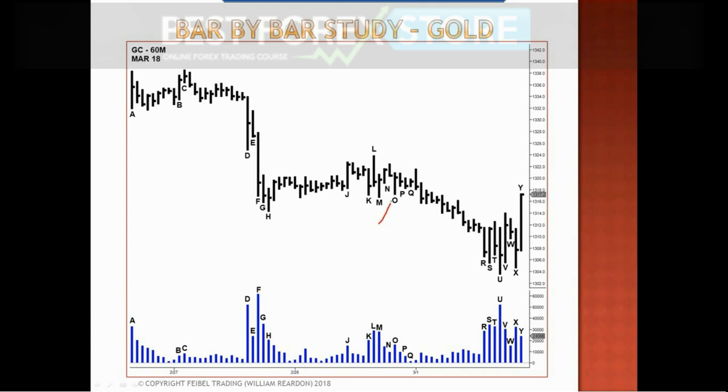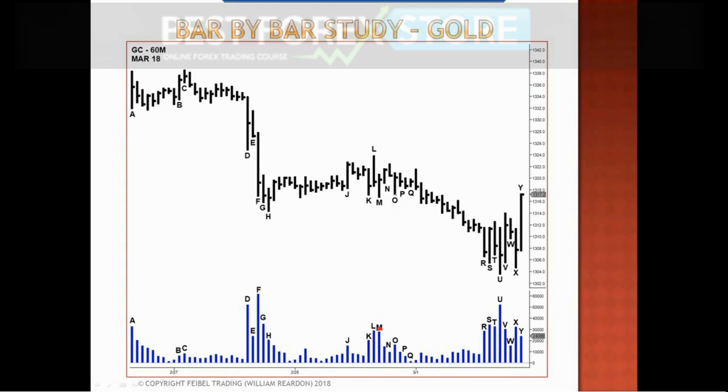Then bar O. What do we note about bar O? Well, bar O is similar action to M. However, there are a couple of subtleties here which make bar O much weaker than bar M. The volume depletes on O. So M, we dip under, reverse to close firm on this volume.